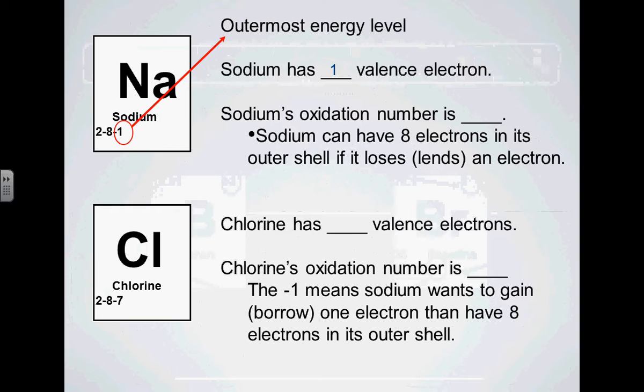Is it extra or is it missing? Extra. How many extra electrons does it have? 1. So what do you think its oxidation number is? Plus 1. Think about the plus as extra electrons that it would like to get rid of.